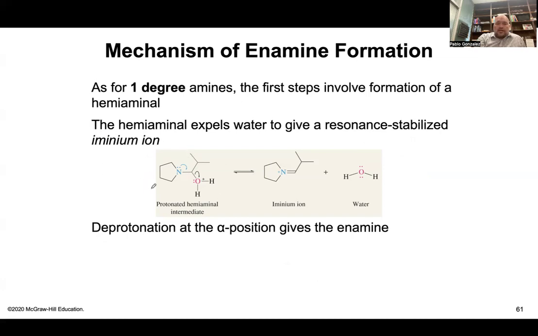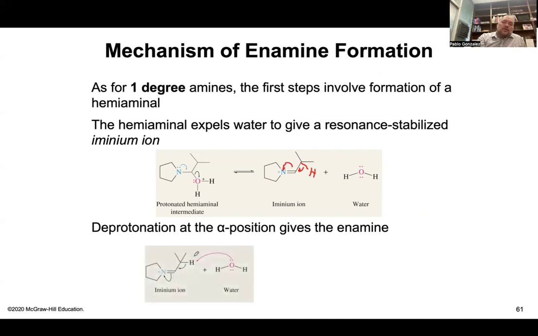So this is already the hemiaminal, okay? And basically we produce the double bond carbon-nitrogen to give the iminium ion. The deprotonation of the alpha position gives the enamine. So now we remove one hydrogen from here, and create a double bond between this carbon and carbon, and then put these two electrons on the nitrogen to stabilize that positive charge.